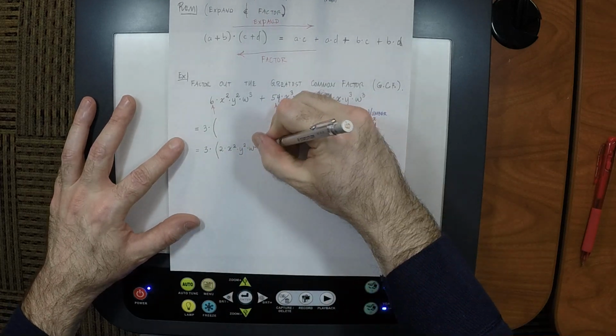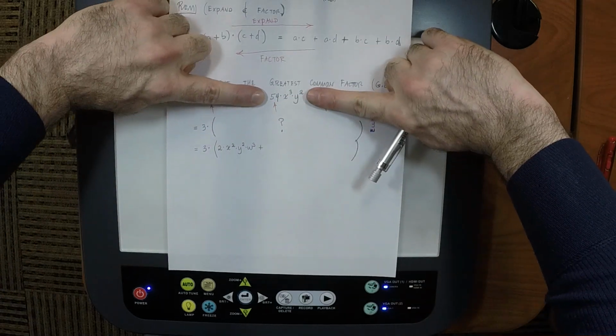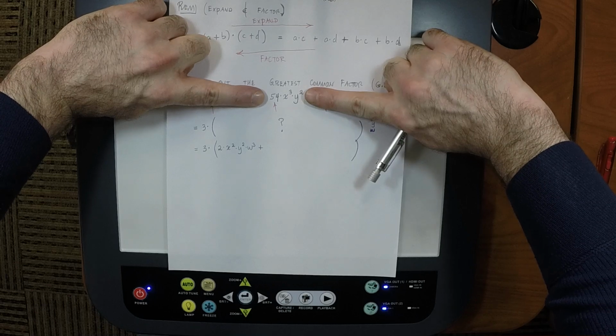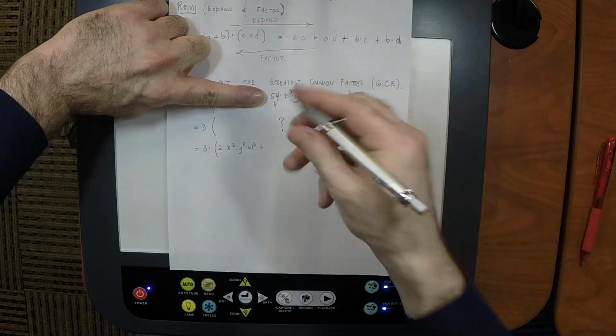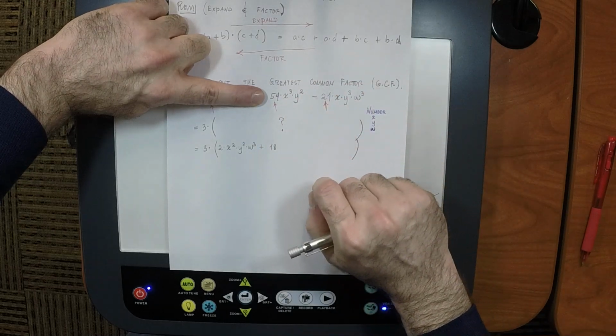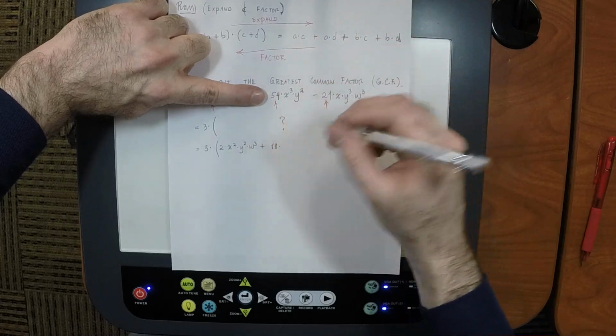Okay, then now plus. Concerning the term in the middle, if you factor a 3 out, then what do you need to write? 18. And then what? x cubed y squared, because we didn't mess with any of that either.